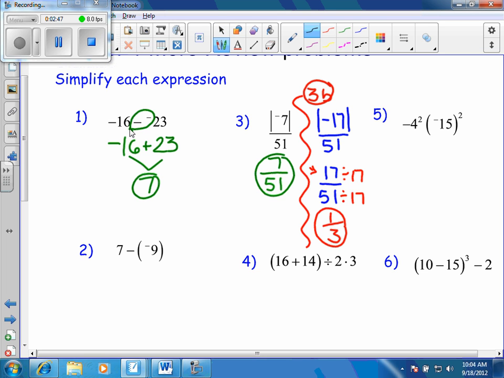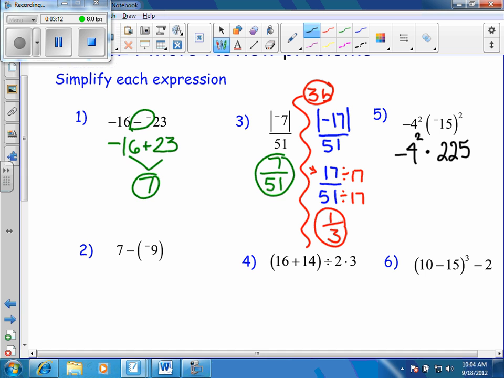Okay, on this problem here, remember you're going to do parentheses first, so I'm going to just copy here. And this is taking -15 and squaring it. So when you square a negative number, you get a positive. So that becomes, what's 15 squared? 225, right? And it's positive.